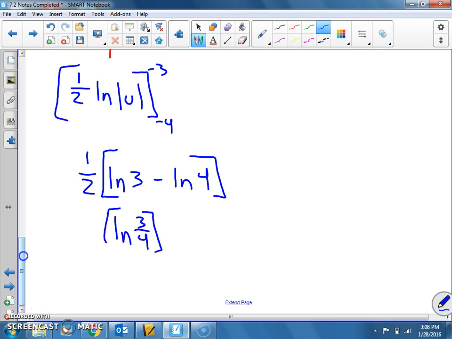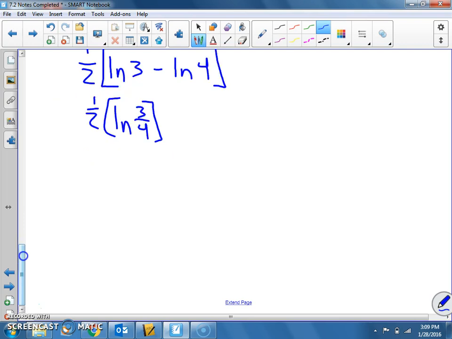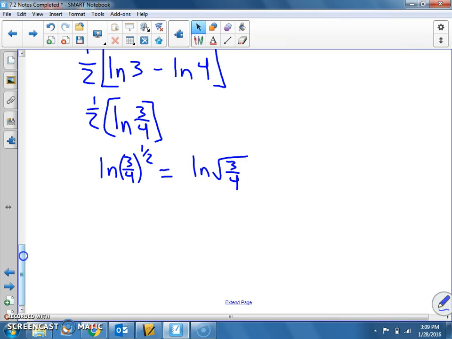It's still 1/2 times that. What do I do with a number outside of or in front of a log? Raise it. We can go to the exponent. Okay, so I've got ln of 3/4 to the 1/2, or ln of the square root of 3/4. That's my exact.